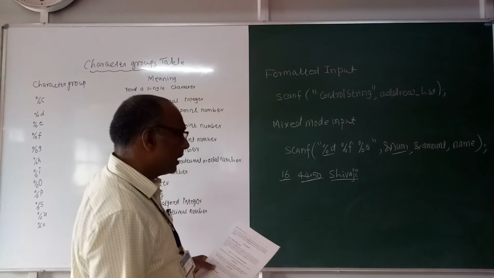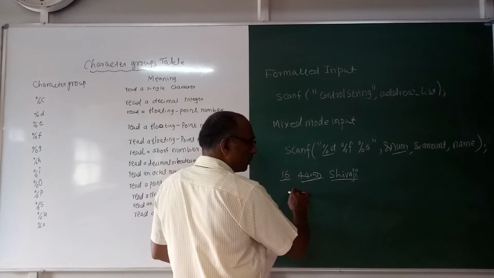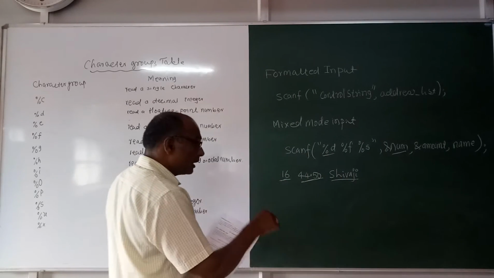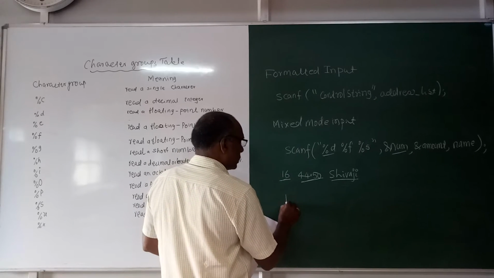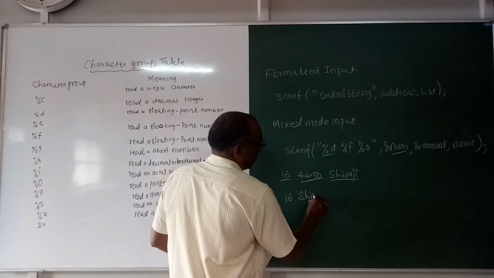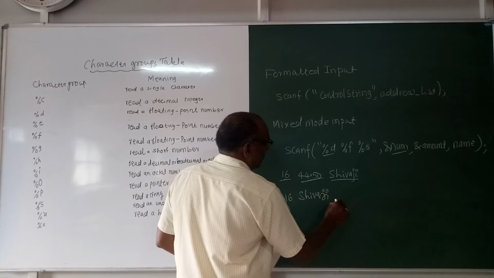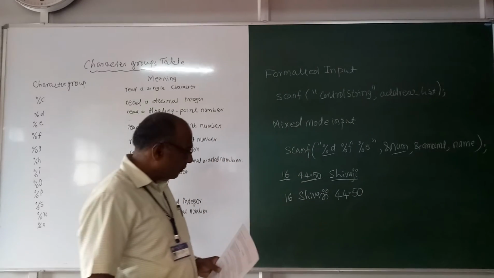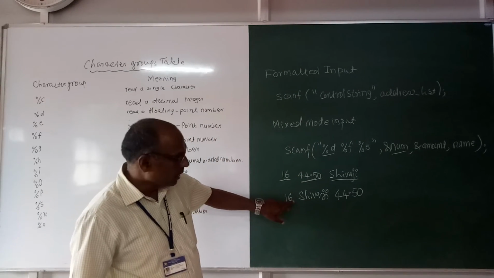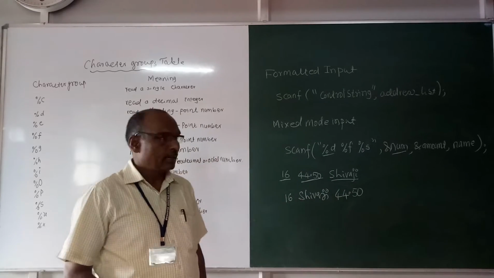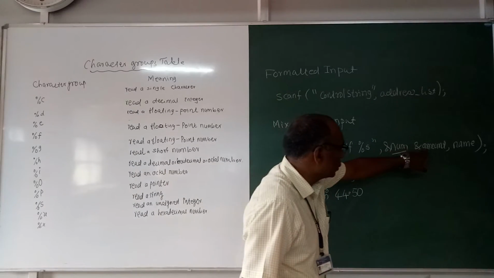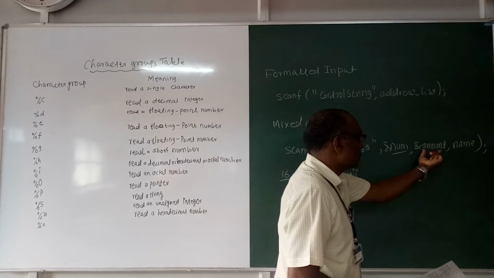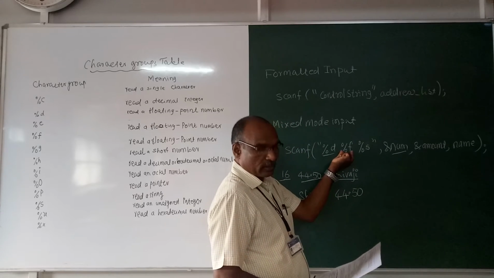Suppose I made a mistake in feeding the input. You have written the statement in this fashion, and if I input the data like 60, then the name and then this, the computer will accept only one input and it will not accept this because it doesn't match. This is a character constant, whereas this is amount, that is floating, real point.